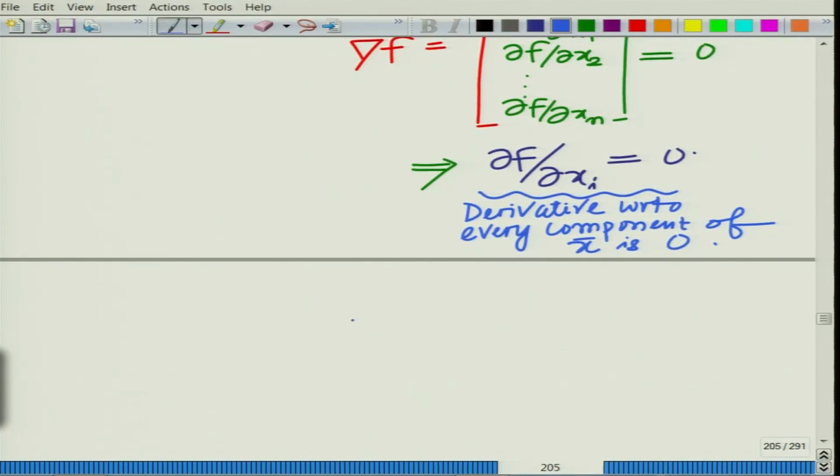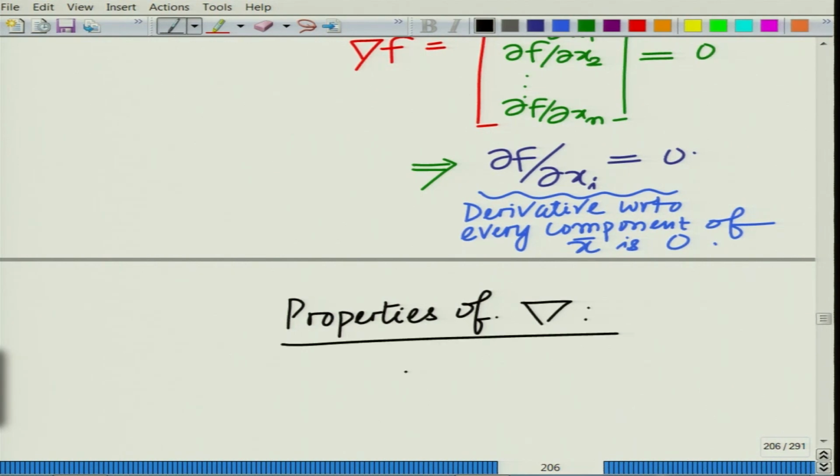Let us see how to do this. Let us look at some properties of the gradient operator.